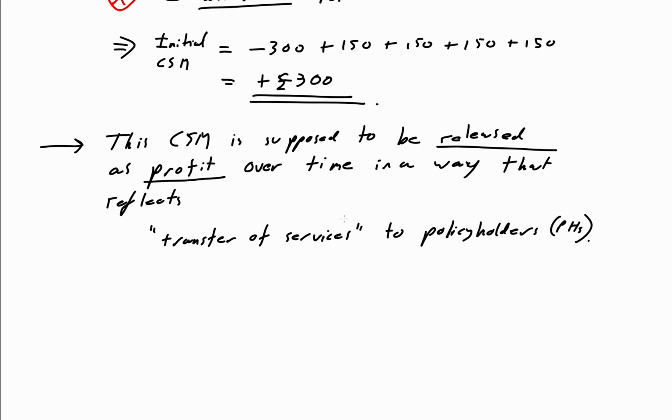So you could weight the transfer of services as more toward the start of a contract than toward the end. This logic would suggest that more profit should be attributed earlier in the contract than later. We're going to use an example where we assume that the transfer of services is pretty even in each year of our little contract, but you could get a situation where it is quite different.